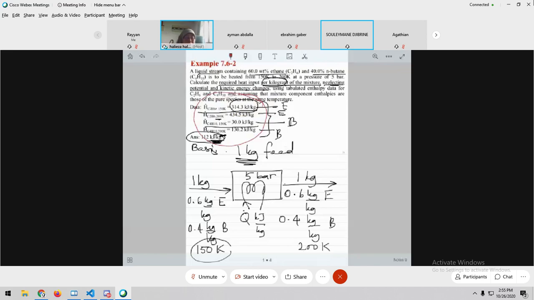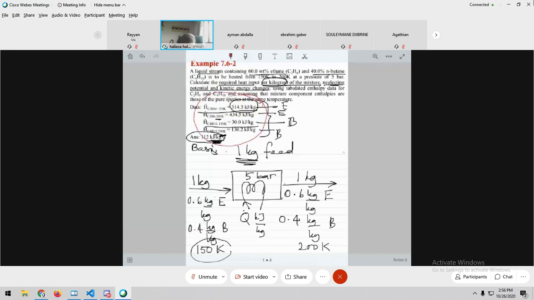You need to go to that book, look at the table and find what the reference state is. The author of our textbook did not specify the reference state, so we don't know.